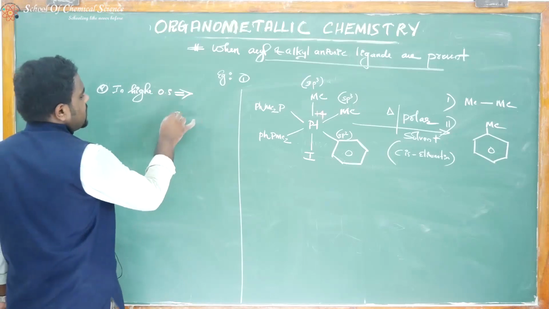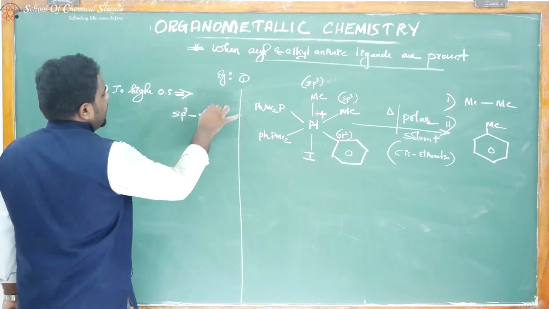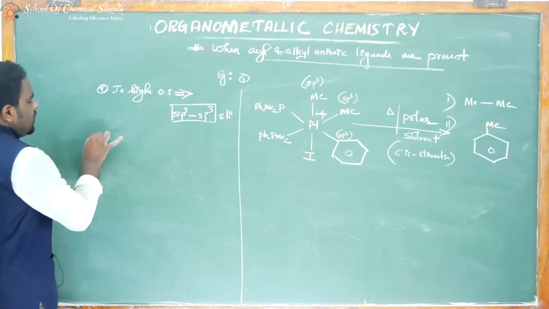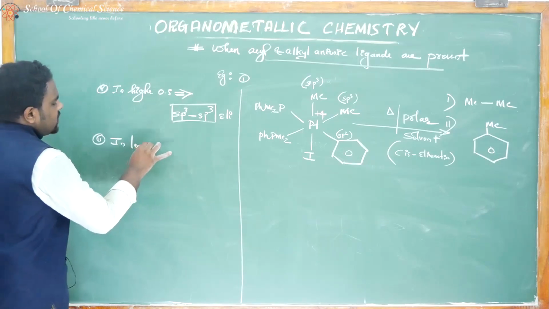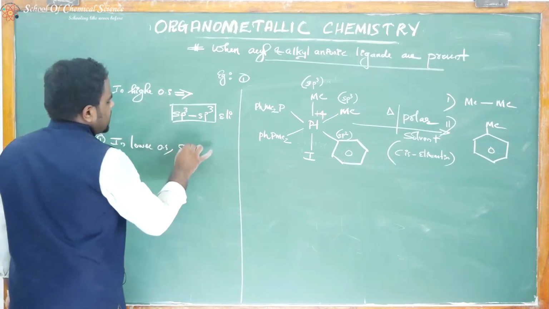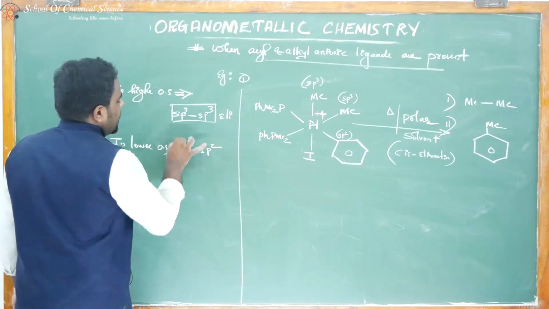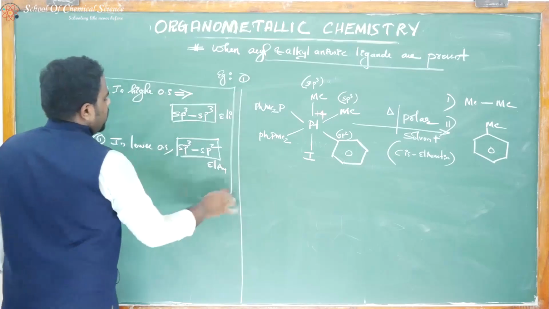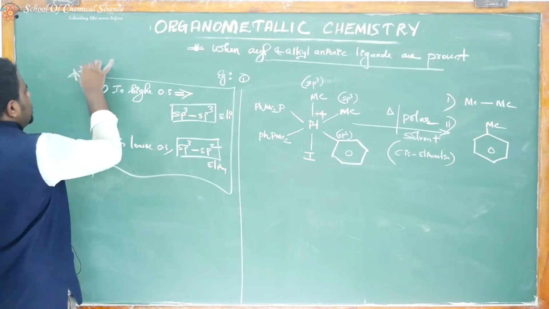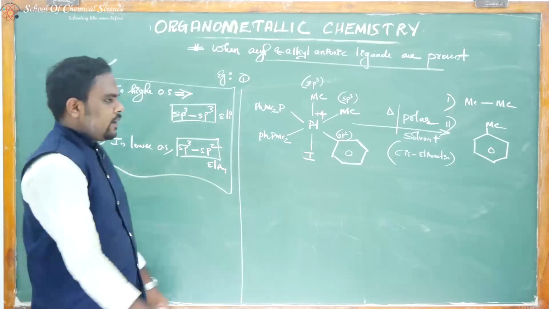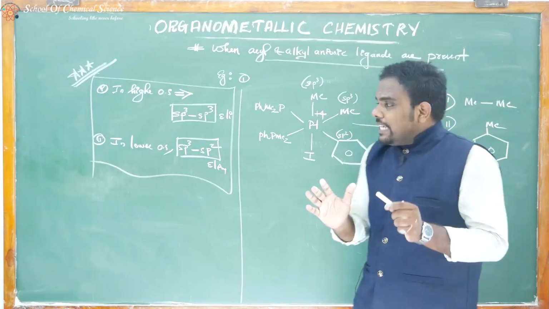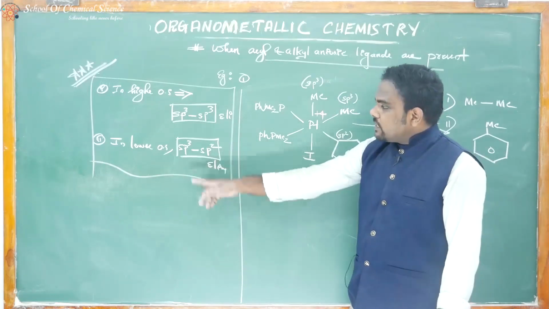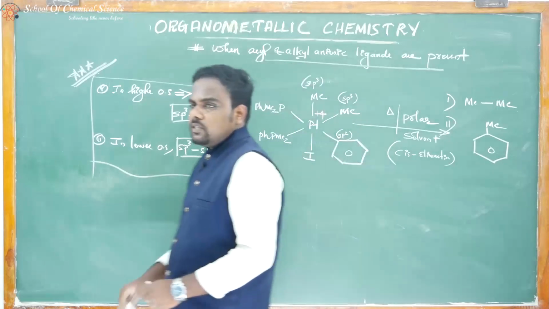In higher oxidation state, sp3-sp3 elimination, and in lower oxidation state, sp3-sp2 elimination. That is the hint, note this hint and give a star mark. So if your metal is in higher oxidation state, sp3-sp3 elimination is favored, but when the metal is in lower oxidation state, sp3-sp2 elimination takes place.